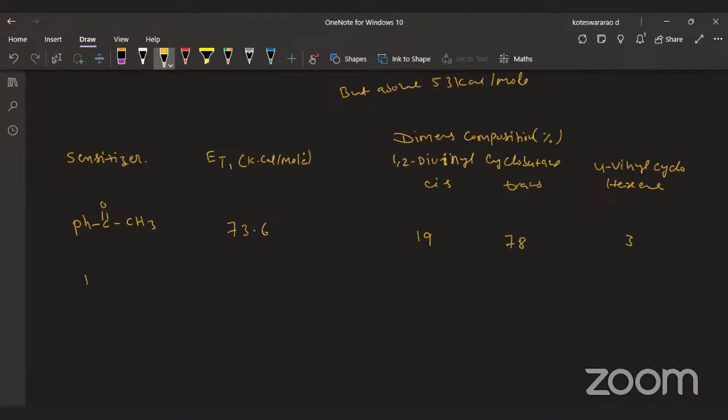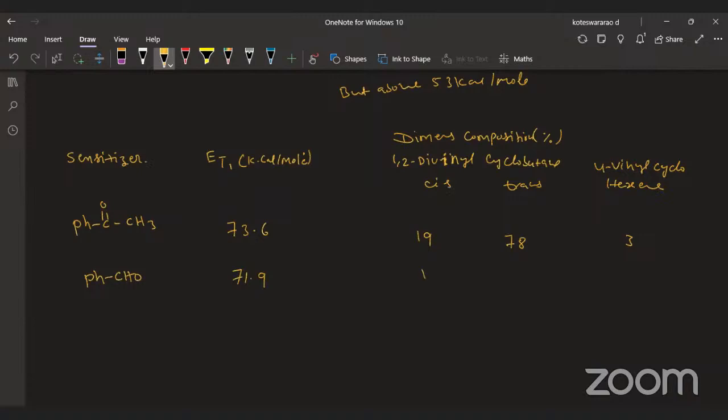Similarly, if you are using benzaldehyde as a triplet sensitizer, it can transfer 71.9 kilocalories per mole.